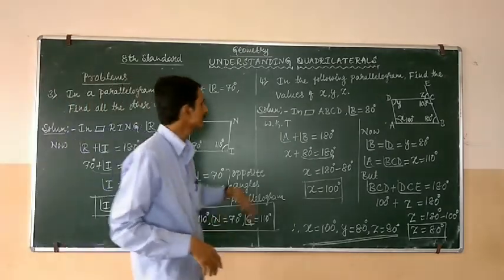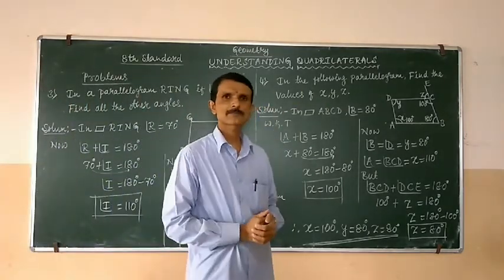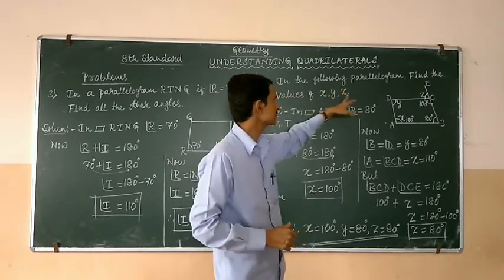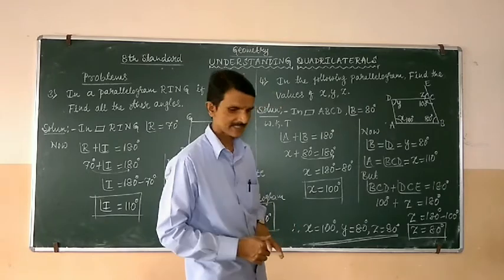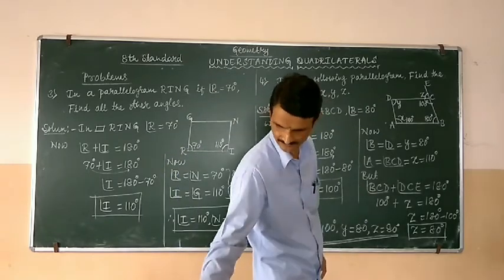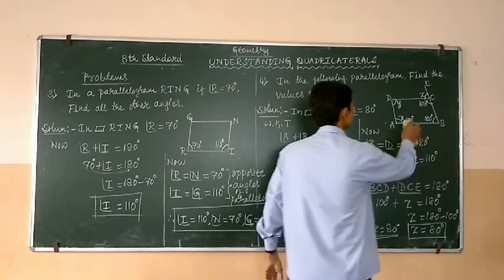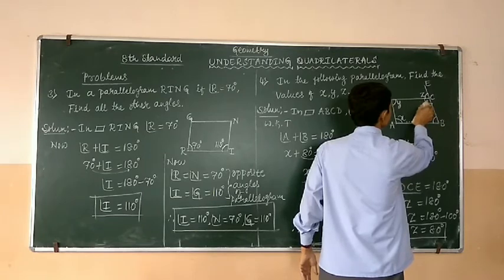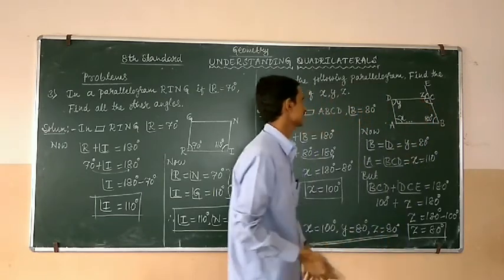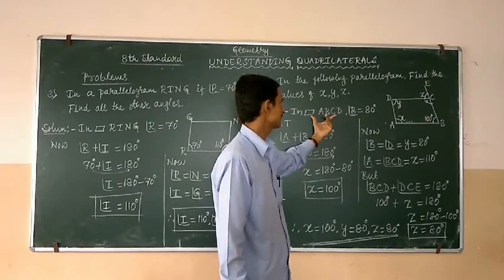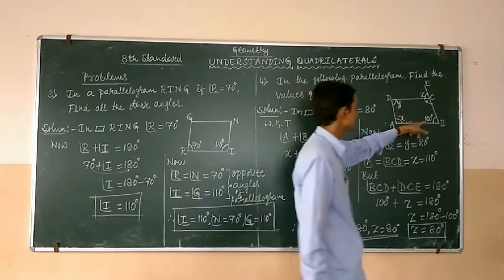Now students, the fourth problem. In the following parallelogram, find the values of x, y, z. Here they have given one angle, that is angle B. In a parallelogram ABCD, angle B is 80 degrees.